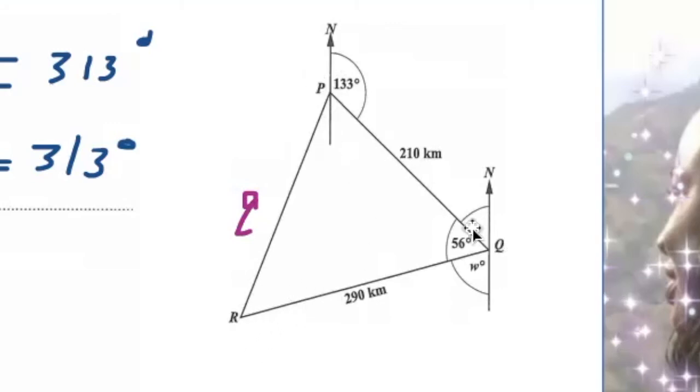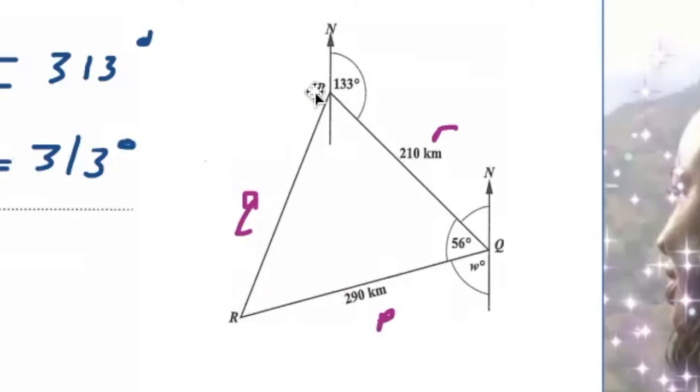So the side PQ that is facing it, I can label as small r. Also, the side that is facing capital P, whatever angle this is, I can label as small p.